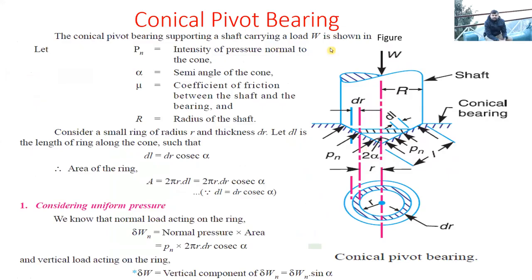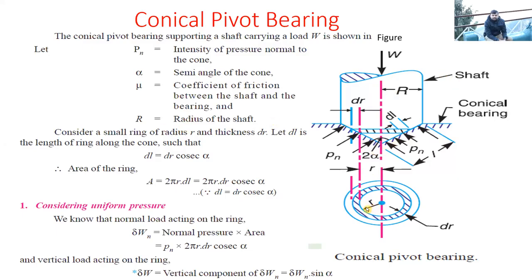R is the radius of the bearing, capital R. Now this conical surface has the slant height of L, and the normal pressure which is acting perpendicular to this conical surface is denoted by Pn. This included angle is 2 alpha, and alpha would be the semi-cone angle. Mu is the coefficient of friction, and so on.